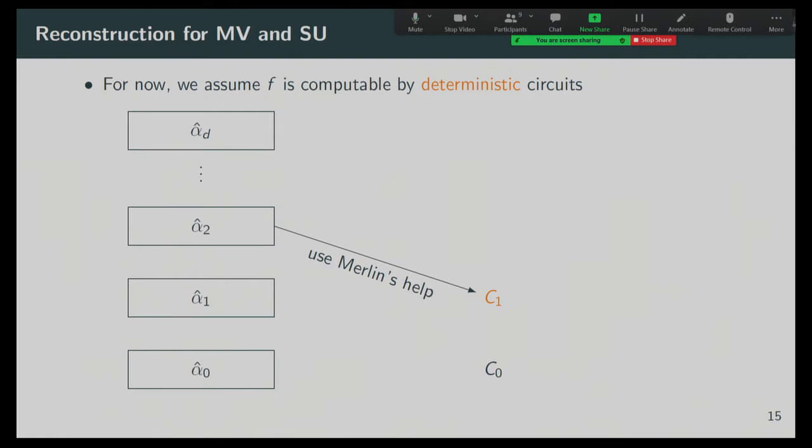Because for both of these generators, all of the randomness required by the reconstruction is independent of the circuits themselves. For MV, it's easy to see that it only depends on the distinguisher. All you care about is some property in the distinguisher. And for SU, it's not really independent, but with error reduction, that can be made to work, right?